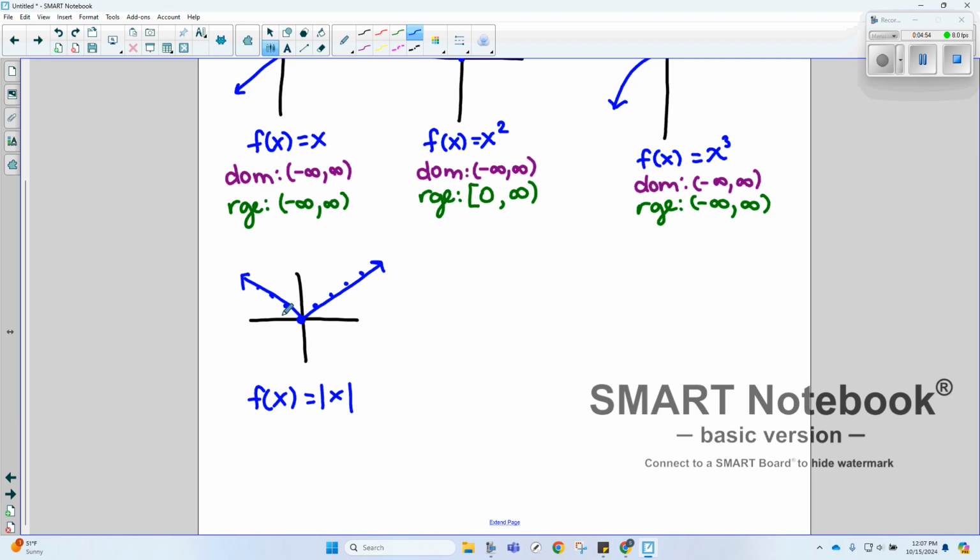We're going to stick it in the ground, but the absolute value of x is going to make a V. If we want to talk domain of this function, it does touch all real numbers left and right. In the y direction, this one has the lowest point. It's going to be a lot like the parabola. It has a lowest point, but it does not have a highest point.